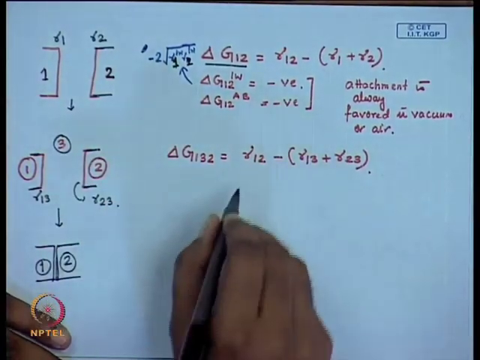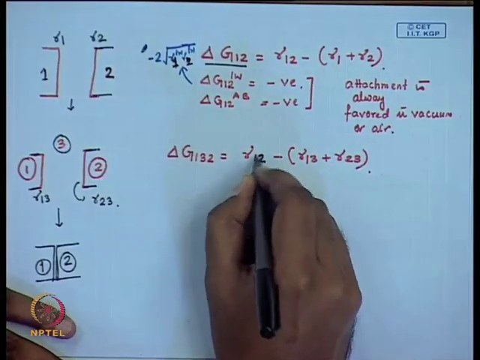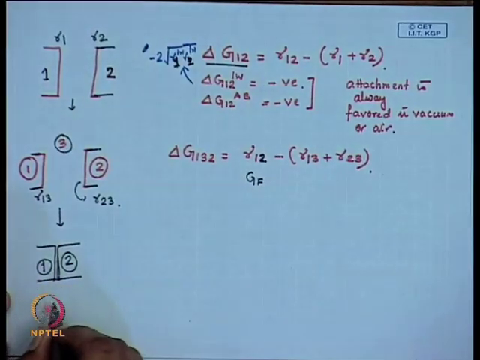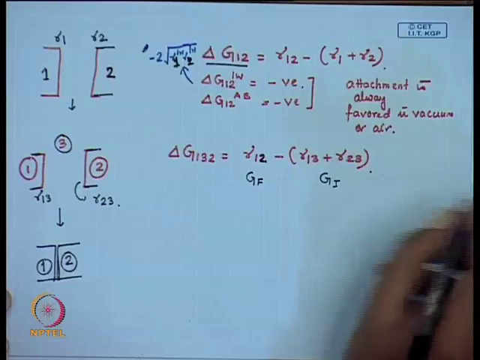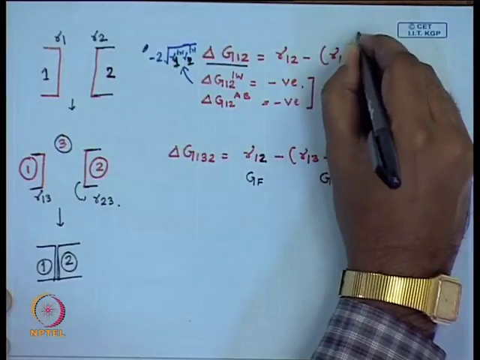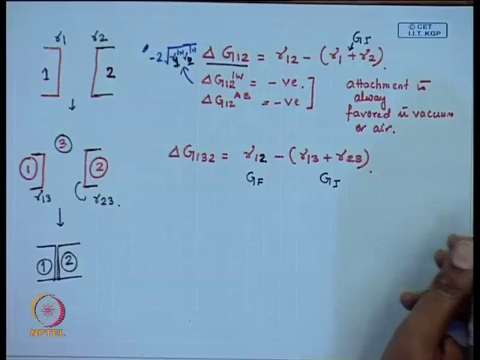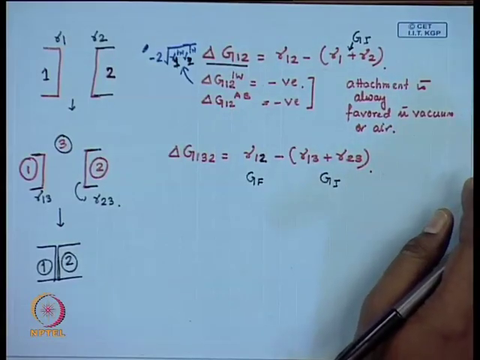So, correspondingly your delta G132 now has the expression of gamma 12 minus... This corresponds to the G final, the final configuration where 1 and 2 come in intimate contact, but G initial is no longer gamma 1 plus gamma 2 as it was in the case of the two surfaces exposed to a non-condensed phase or gas or vacuum.